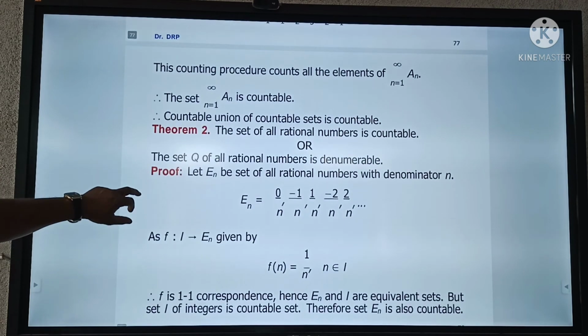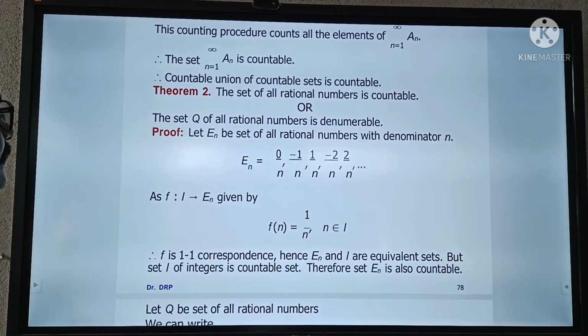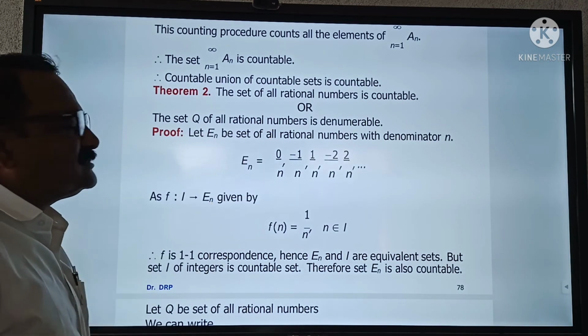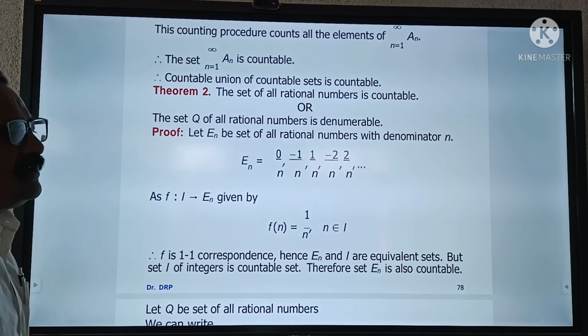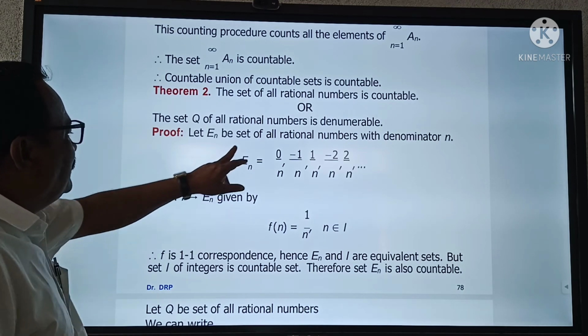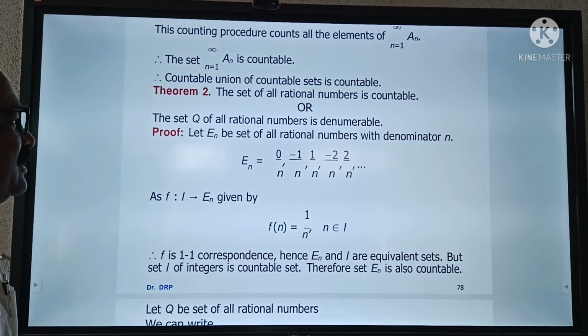Now, see, the set of rational numbers is countable. This is an important one. The set Q of all rational numbers is countable or denumerable. Let En be the set of rational numbers with denominator n.